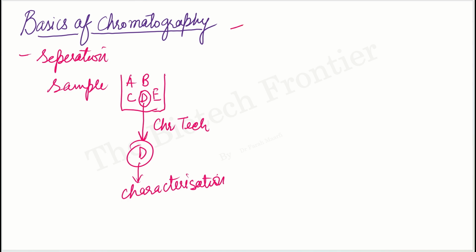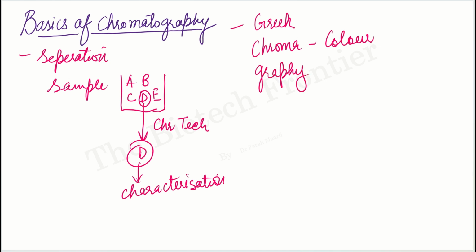The word chromatography is derived from the Greek word chroma. Chroma means color and graphy means writing, so altogether chromatography means color writing.